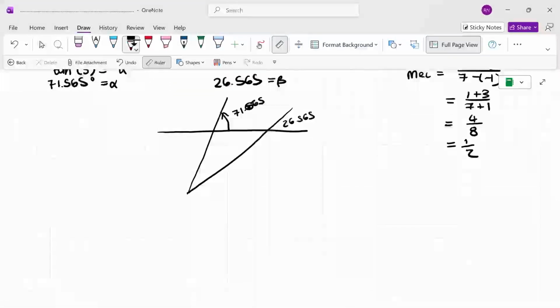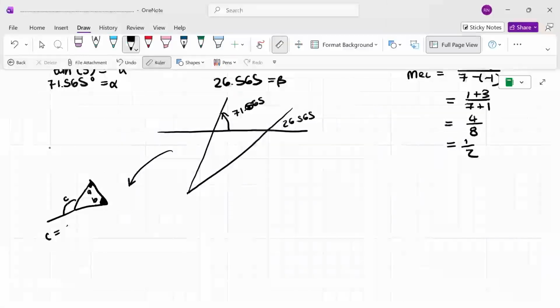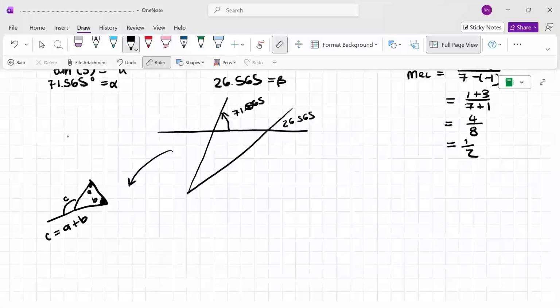First way, using exterior angles of a triangle: if you look at this angle, it's going to be the sum of these two angles added together. So if this is A, this is B, and this is C, then C is going to be A plus B, right? But before we get there, we already know that this angle on the inside is going to be 26.565 because of vertically opposite angles.